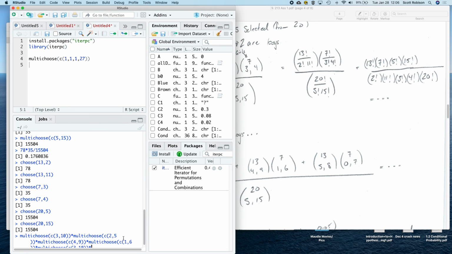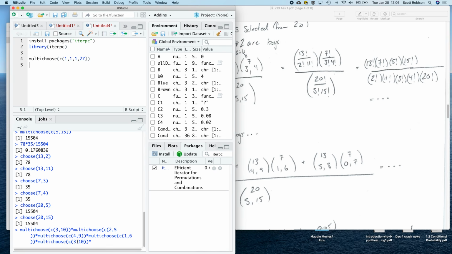And lastly, I have a 5, 8, and a 0, 7. Then I am dividing that all by here, a multi-choose of 5 and 15.